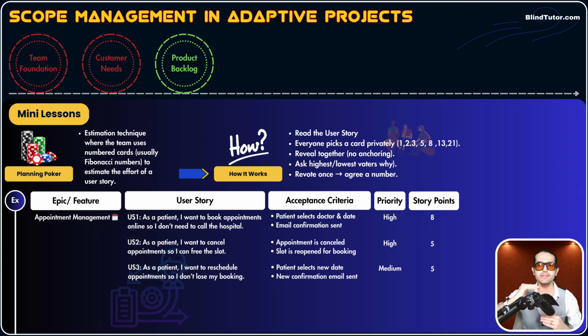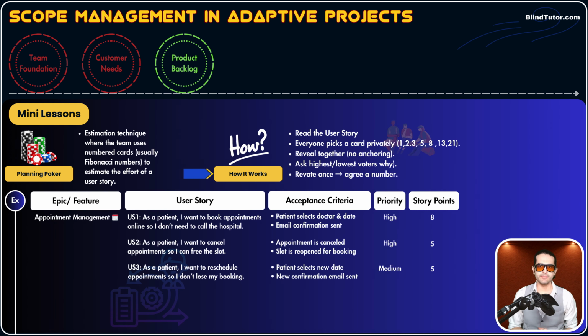If it is more difficult, we assign a higher number, like after 8 is 13. If it is less difficult, we assign a lower number. The lower number before 8 is 5. And if it has the same difficulty level and the same amount of effort is required, we assign 8. So the first number will always be the reference point. That's why assigning the first number is very, very important.